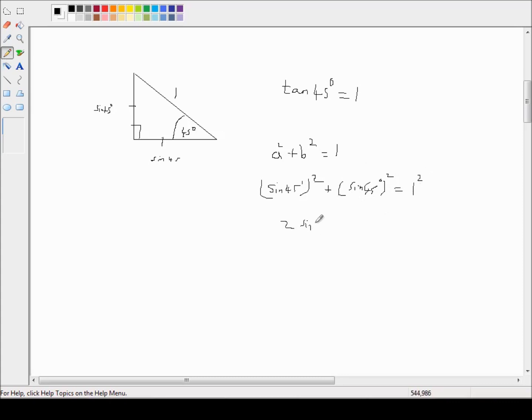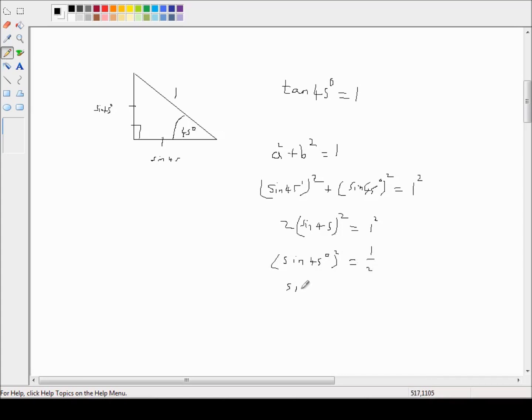So 2 times sine 45 degrees squared is equal to 1 squared. So sine 45 degrees squared is equal to 1 divided by 2.